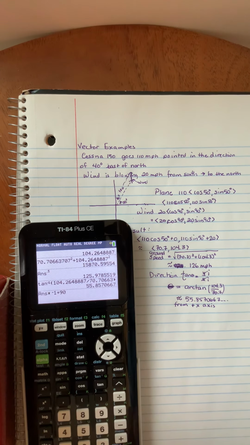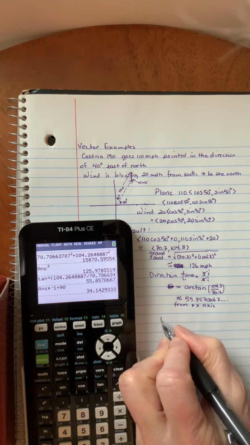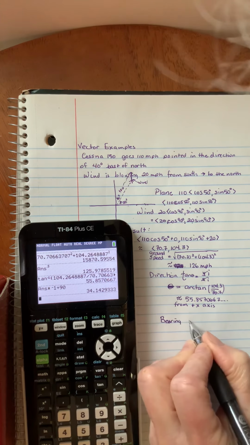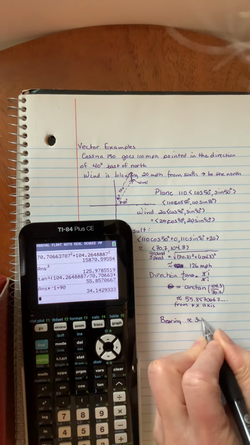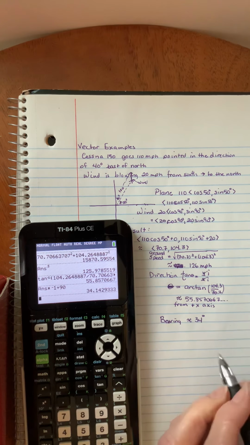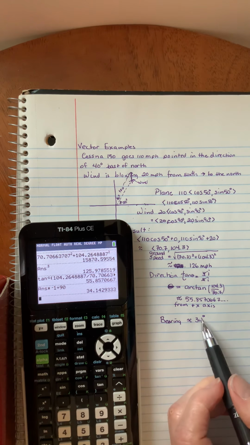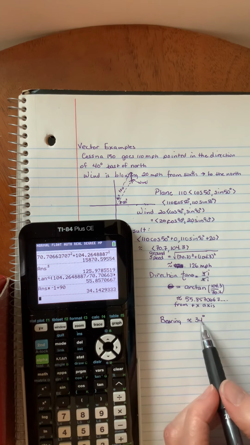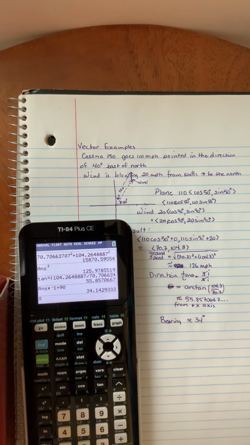That's going to subtract it from 90. So the bearing is approximately 34 degrees. So that means that the plane is not going the 40 degrees that it started, it's going about 34. Now, if the pilot's not careful, he or she will get lost in that. So they've got to pay attention. Okay, there's an example of vectors and flight.